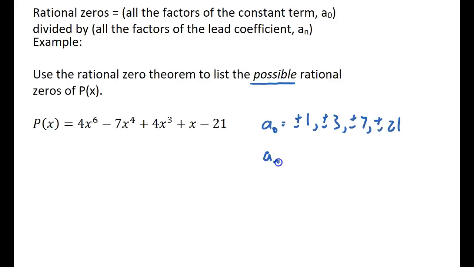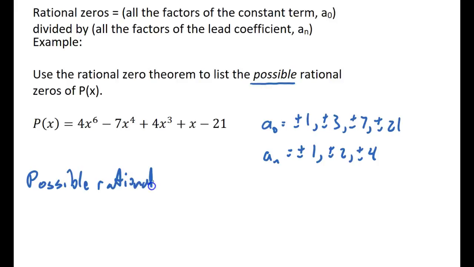All the factors of the lead coefficient are 1, 2, and 4. So all possible rational zeros are going to be all of these numbers divided by all of these numbers. So you ready? Here we go.